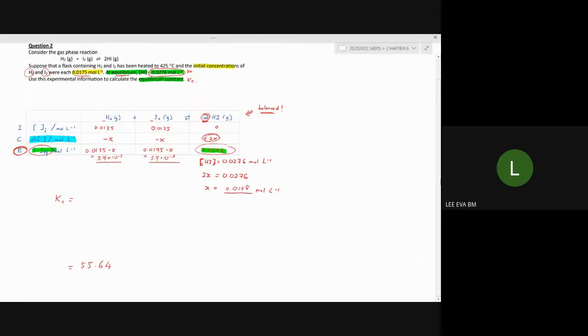If let's say they also give you initial for HI, there will be another case that we will learn a little bit later lah at the end of 6.2. Maybe next hour. There will be some scenario where you have all of the initial concentration, reactant product semua ada. Okay, there will be another case. So we learn it bit by bit. We're starting for this one first.